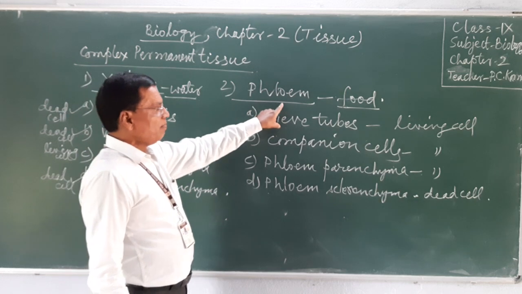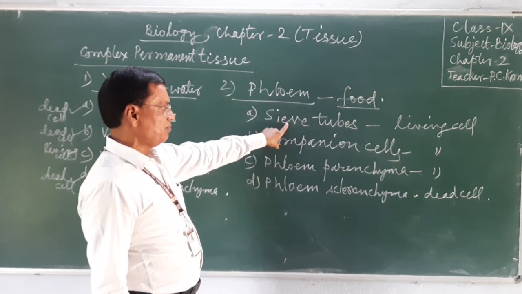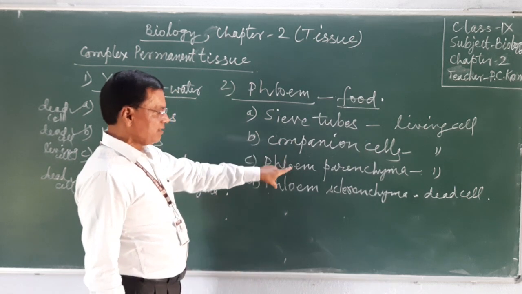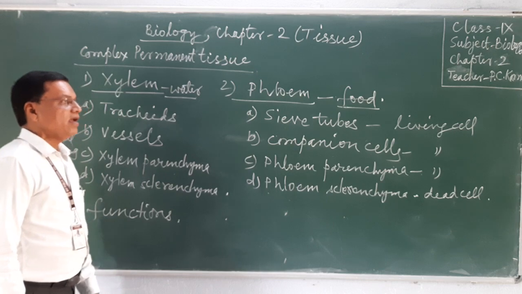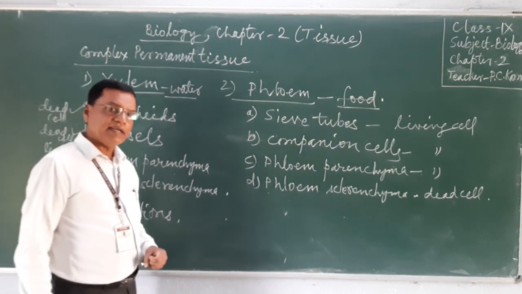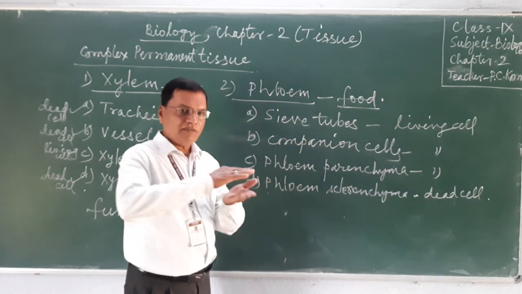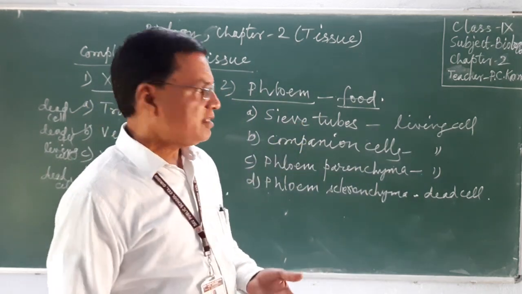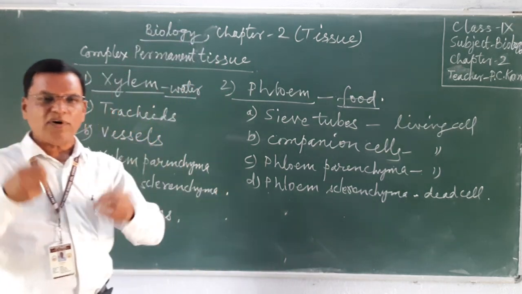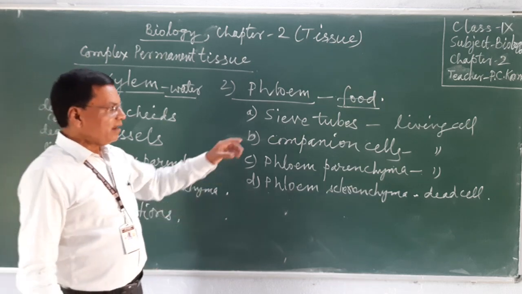Now this phloem contains 4 different types of cells: sieve tubes, companion cells, phloem parenchyma, phloem sclerenchyma. Sieve tubes contain sieve cells. These sieve cells are covered with a plate called sieve plate. This sieve plate is perforated. Perforated means certain holes are over there.